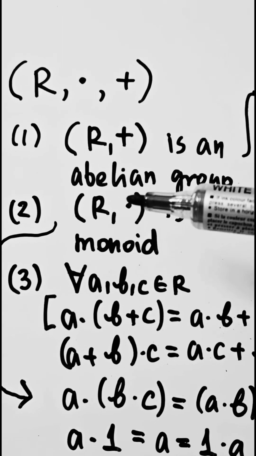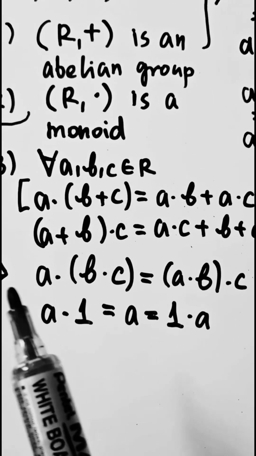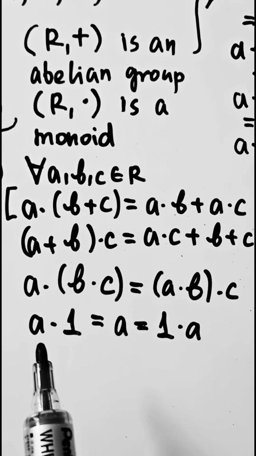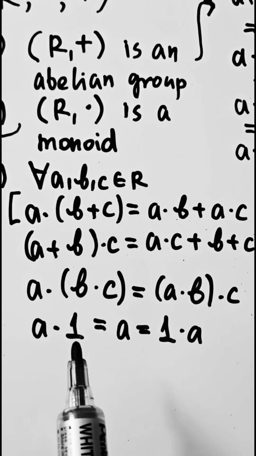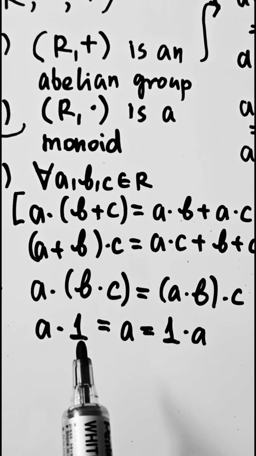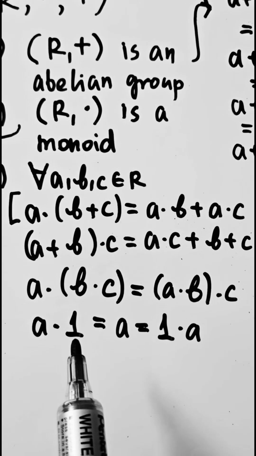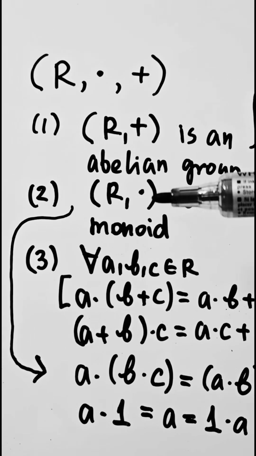Second property, that R with the binary operation dot is a monoid. That means that these two properties hold for all a, b, and c, as well as in the second case we ask for existence of a special element, such that the equalities hold, but such element will necessarily be unique, as it can be shown.